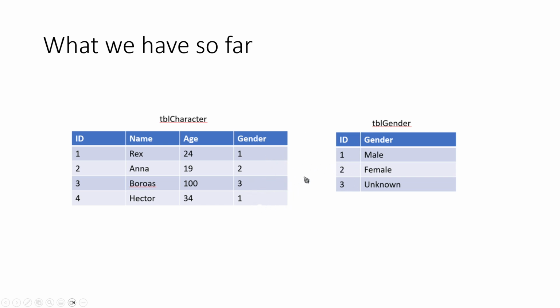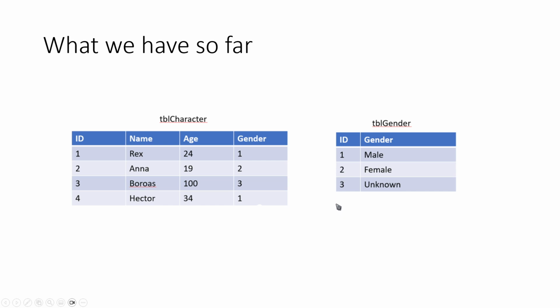And that's how we link the two tables together. So in this example, we are marking the table person, the character table, and its column gender ID as having a foreign key, and the foreign key will be referencing the primary key in the gender table.